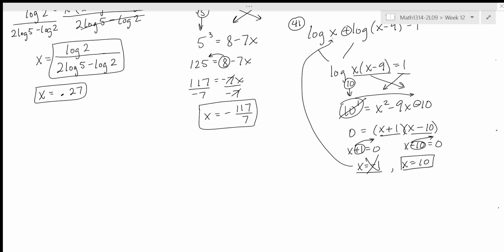It would make log of a negative number, and that can never happen. Y'all might want to write this down. You cannot take the log of a negative number. So any solution that you check, if it makes you take the log of a negative number, that answer's no good.